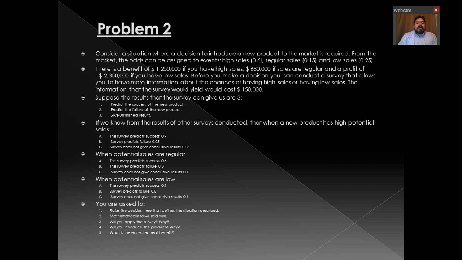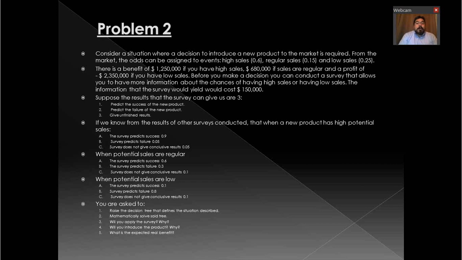When the potential sales were regular, the survey predicts success 60% of the time, failure 30% of the time, and no conclusive results 10% of the time. And to finish, when the potential sales are low, the survey predicts success 10% of the time, failure 80% of the time, and no conclusive results 10% of the time.